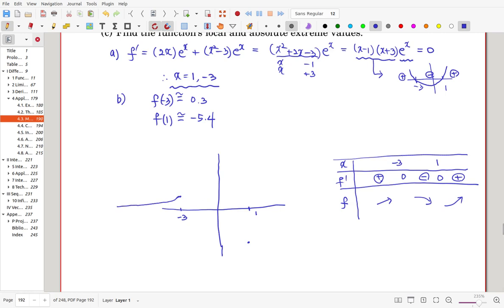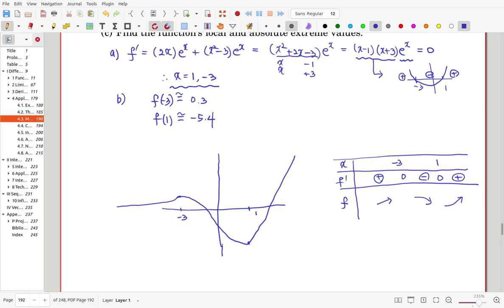Now here, from minus 3 to 1, it is decreasing, so it goes down. And now, after 1, it starts increasing. Now it will become infinity later on. It's increasing this way. So that is a rough sketch of the function.